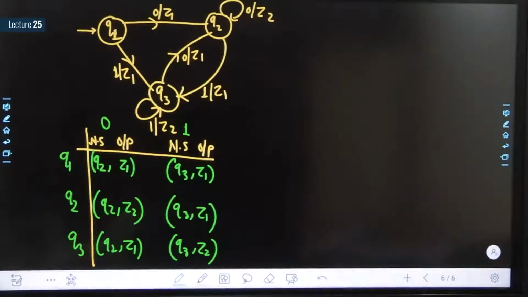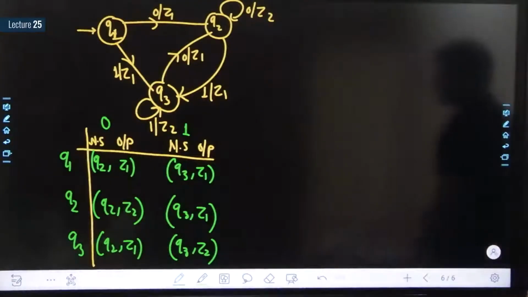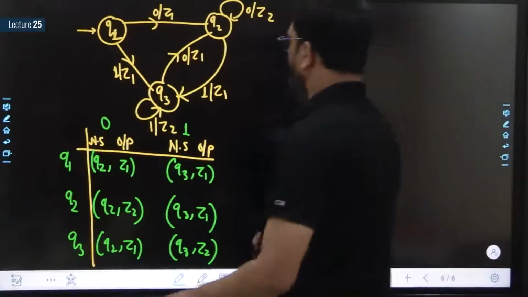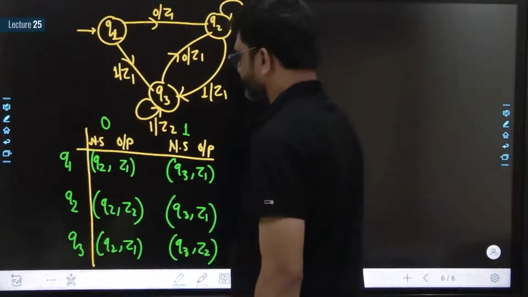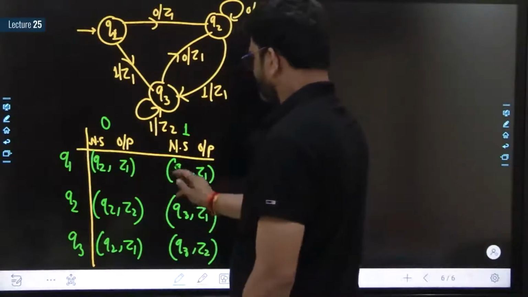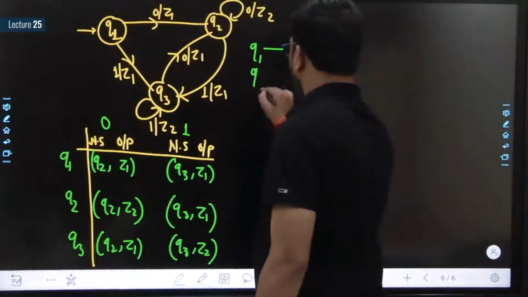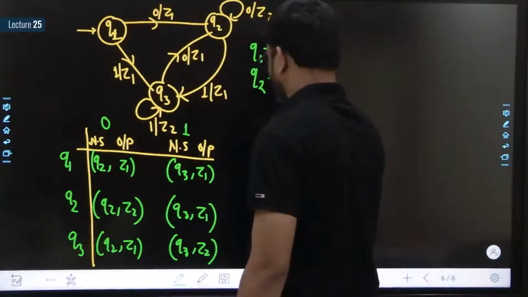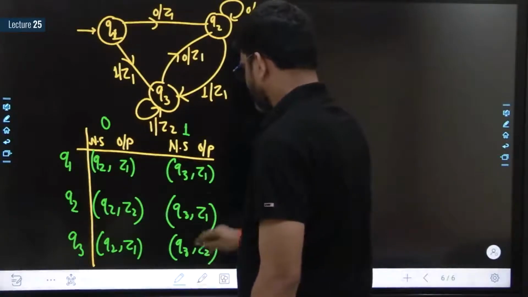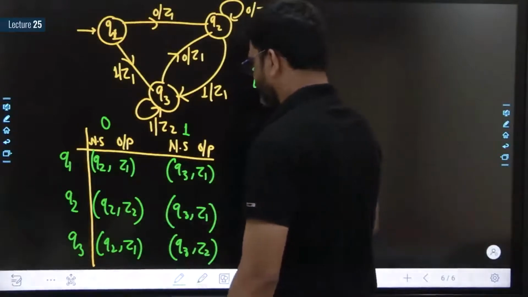Now convert it into a Moore machine. What are the outputs associated with Q1? Nothing. There is no output associated with Q1. Q2 has Z1 and Z2.